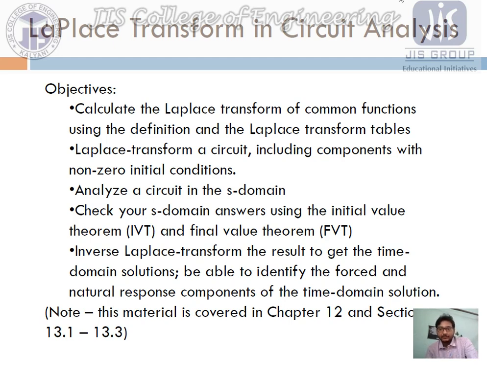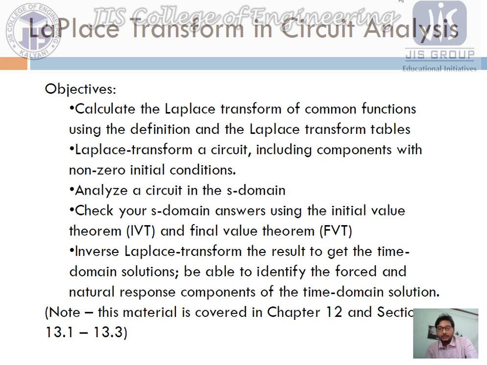But if the inductor and capacitor are previously charged, then there is a problem. If we want to solve it directly in time domain analysis, it is very difficult and very lengthy to calculate. That's why we need S domain analysis.